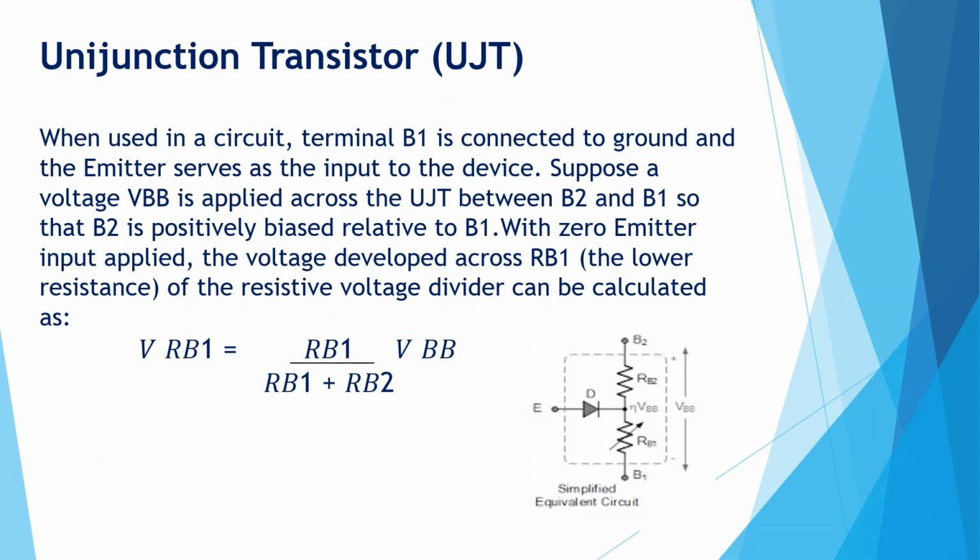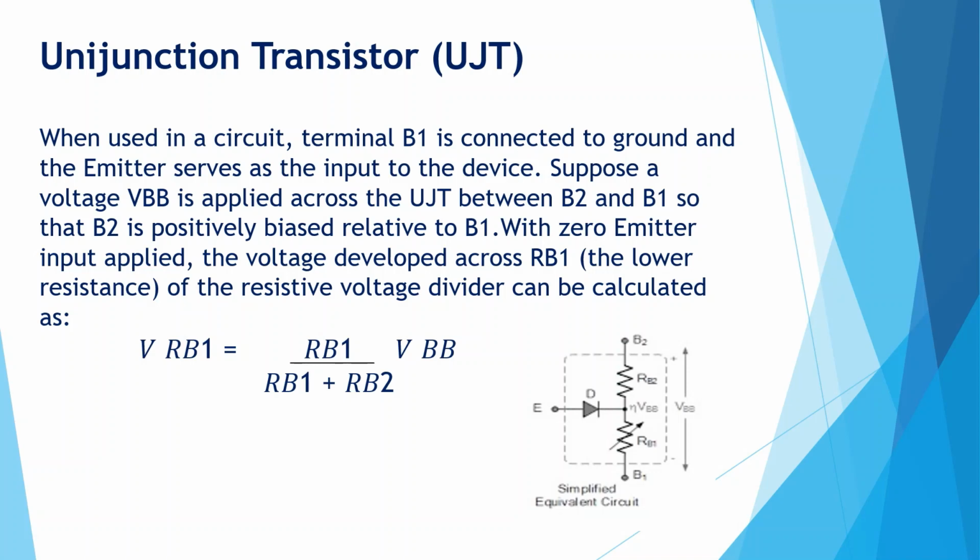Okay. So suppose a voltage VBB is applied across the UJT between B2 and B1 so that B2 is positively biased relative to B1 with zero emitter input voltage. That means no potential is applied to emitter. The voltage drop across RB1 of the resistive voltage divider can be calculated by this formula: RB1, the resistance between emitter and base 1, upon RB1 plus RB2, the resistance between emitter and base 2, multiplied by the total potential VBB which has been applied.